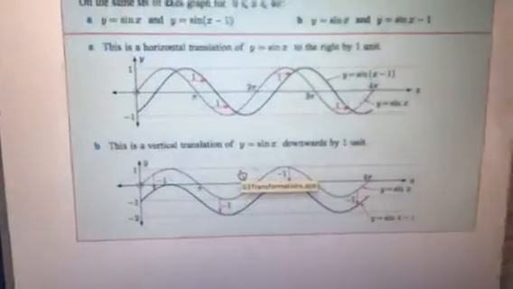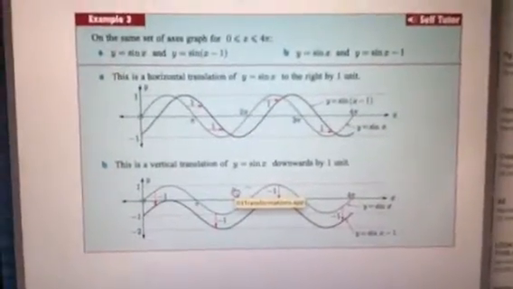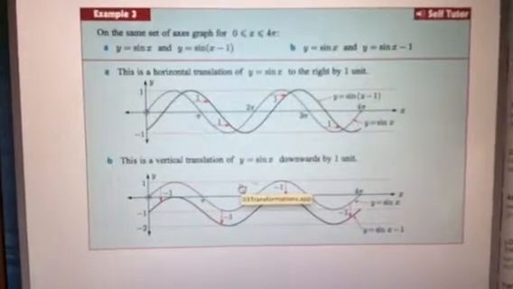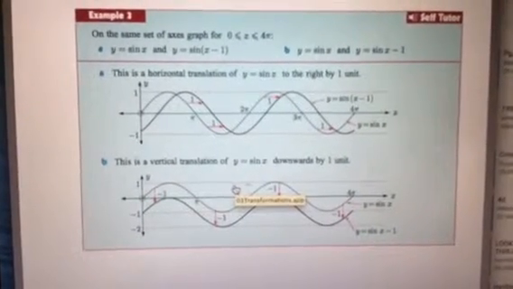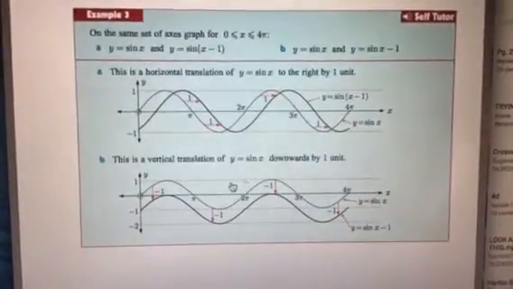So I have here a horizontal translation and a vertical translation, and if you want to look at this in your book, it is example 3 on page 241. The horizontal translation for A is to the right by 1 unit.